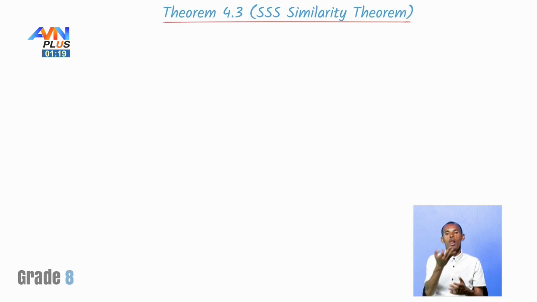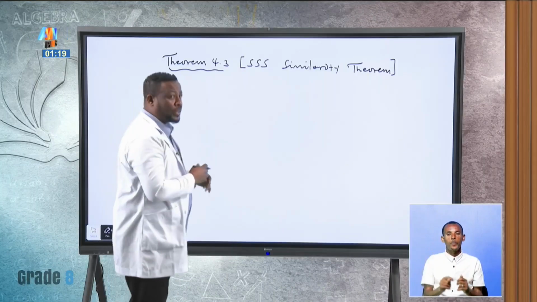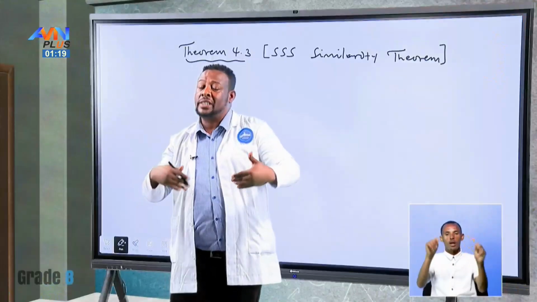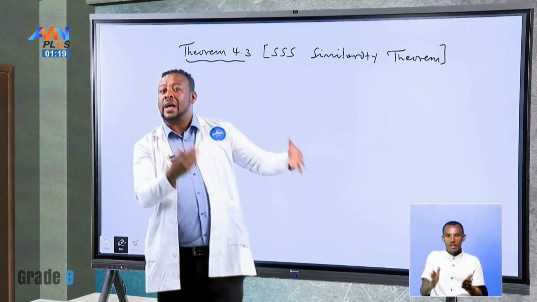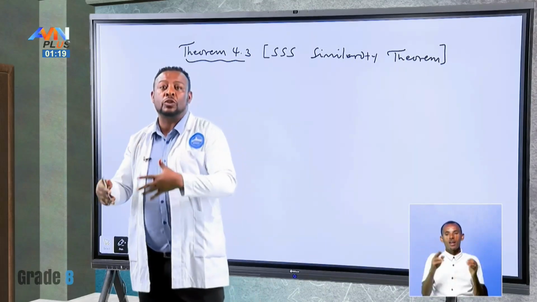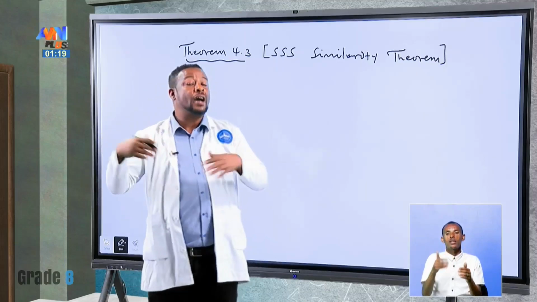Well, in this third theorem, two triangles are said to be similar if all sides of one triangle are proportional to the corresponding sides of the other triangle.